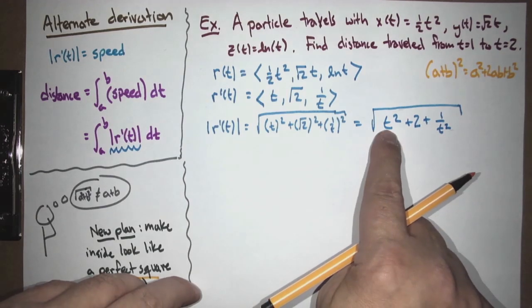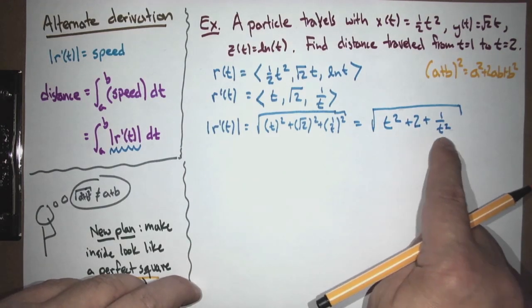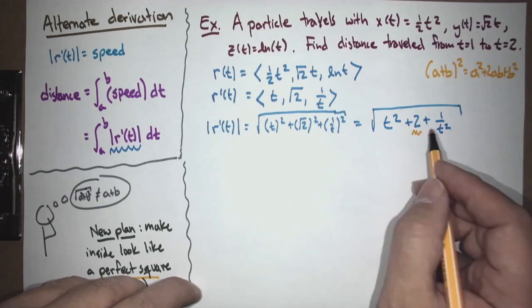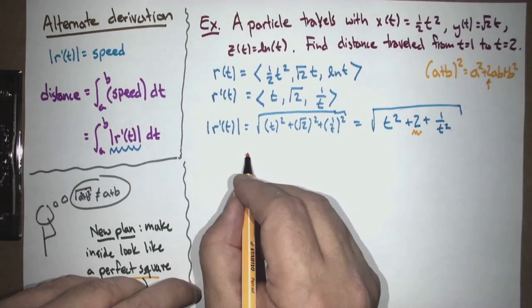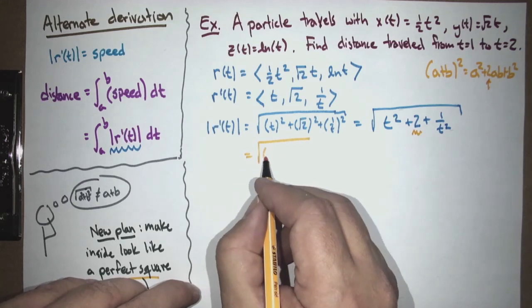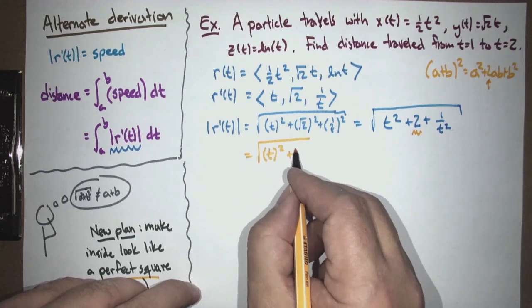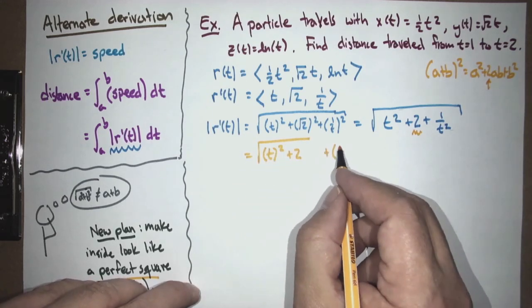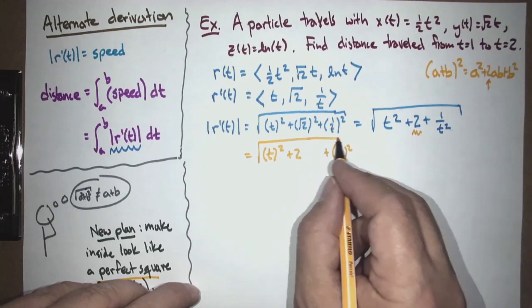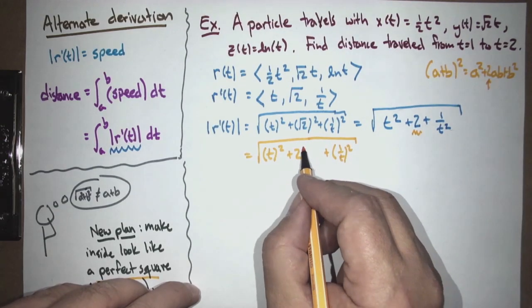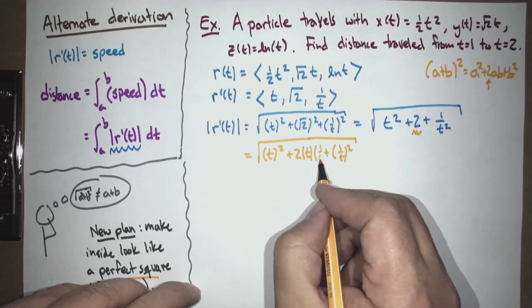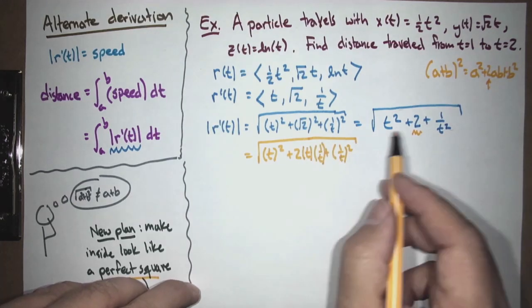Yeah, this looks like something squared, and this looks like something squared. And this, I can't help but notice, there's a 2. Suspicious. So let's see, t quantity squared, 2, 1 over t quantity squared. Now, if this is right, is it true that if I put t and 1 over t, this works? Does this match?